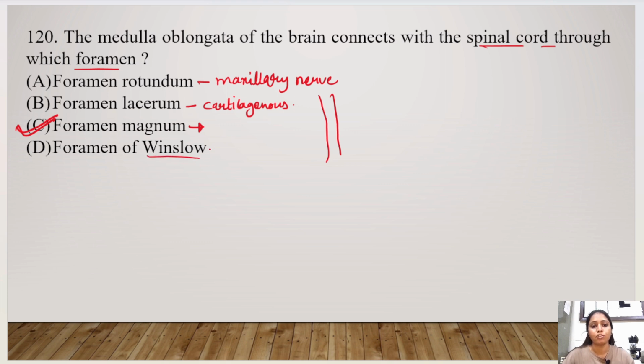Foramen of Winslow is not found in the nervous system; it is found in the digestive system, or abdomen. It connects the lesser and greater sac of the peritoneum. So this is about this question. Option C is the correct answer.